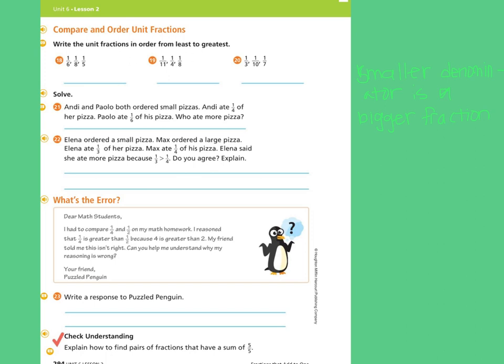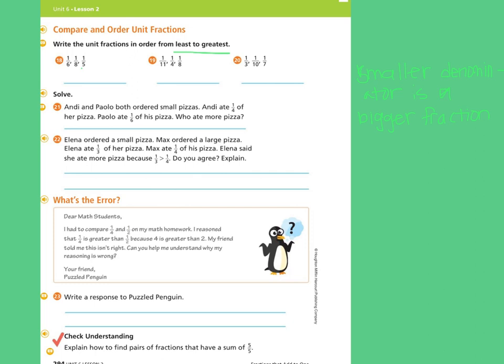So in number 18 and 19 and 20, it says write the unit fractions in order from least to greatest. So you can use the page before this to double check 1/6, 1/8, and 1/5. But remember, the smaller the denominator is, the bigger the fraction.